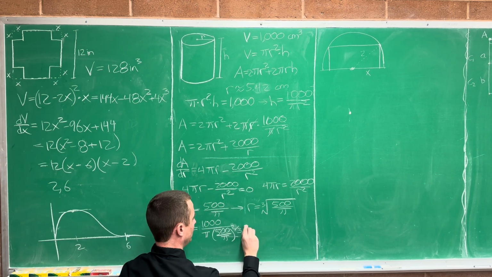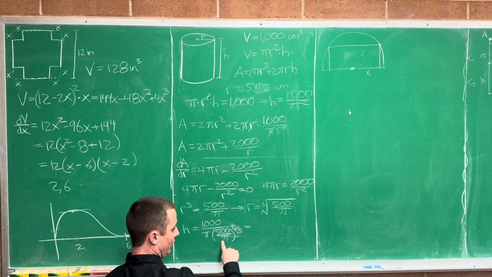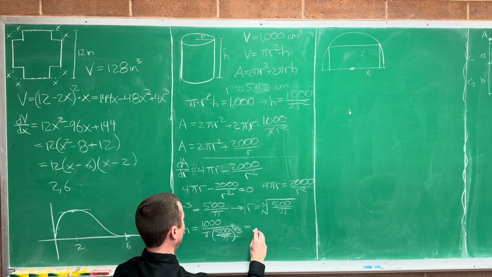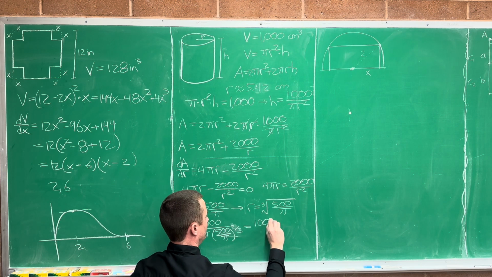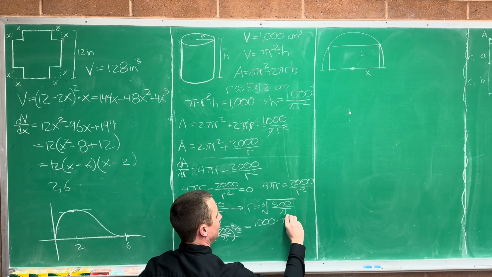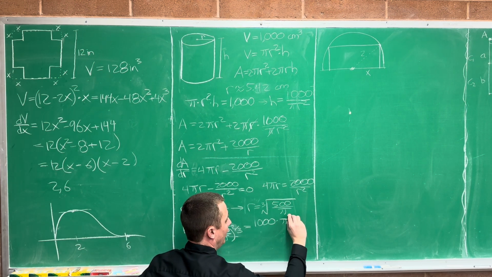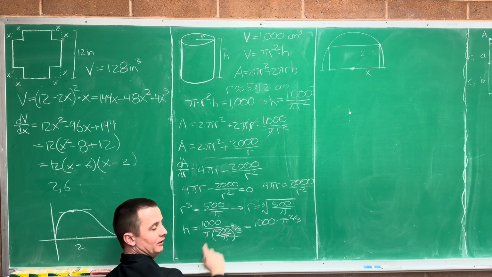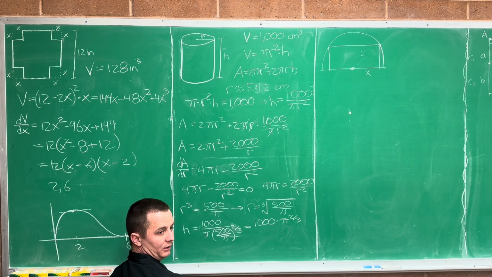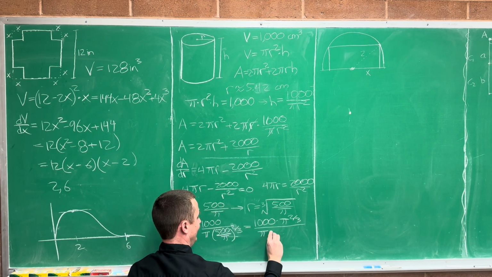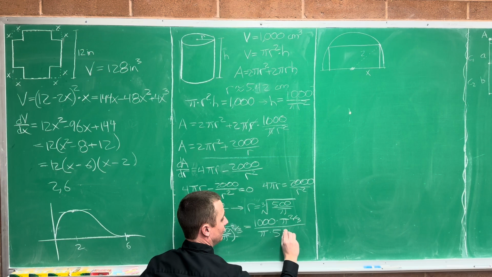Okay, so this is going to be equal to, let's do some algebra here. I'm going to flip it to the top and make it minus 2/3. So we have 1,000 times pi to the, well, it's not going to be negative 2/3. I don't know. Are you guys following that algebra if I just put the 2/3 up there? The bottom of the bottom goes to the top. Okay. Over, there's this pi here, times 500 to the 2/3.